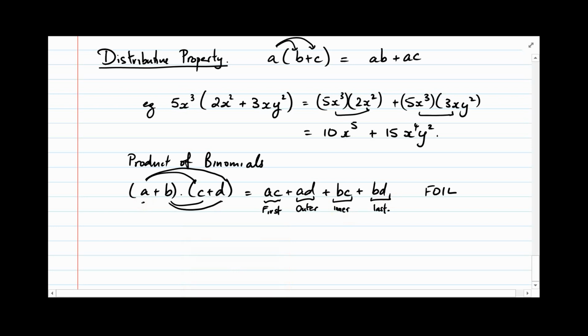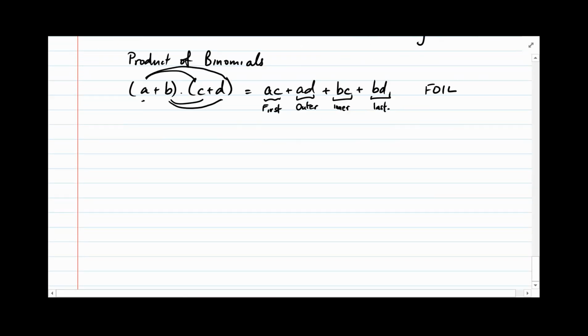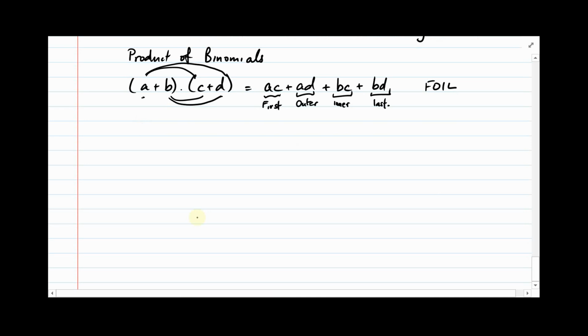Okay, so the product of the binomials is, we use the FOIL method, but we have some special binomials that I want you to remember, some special expansions, particularly in the quadratic.